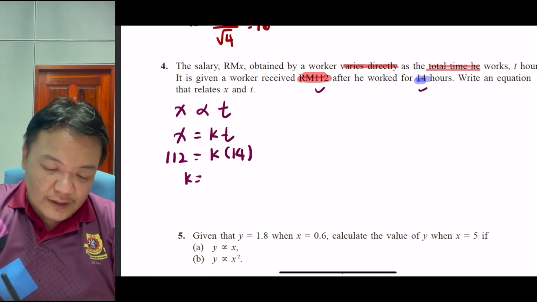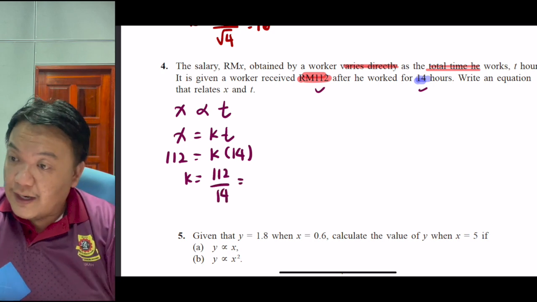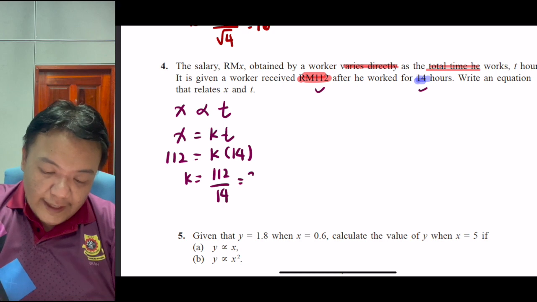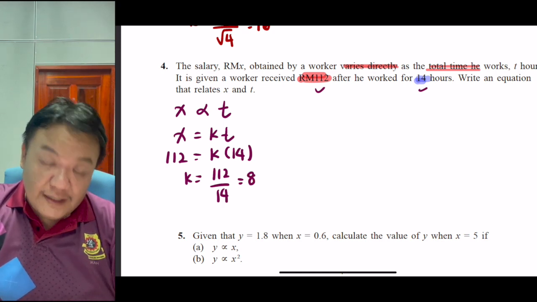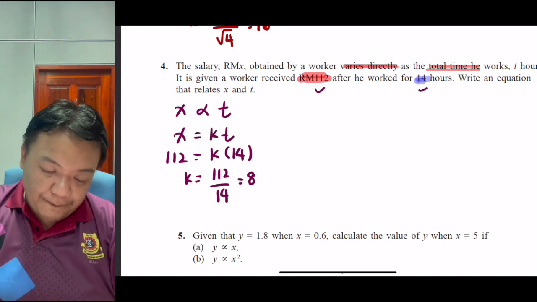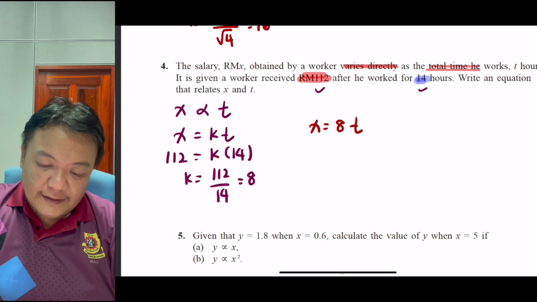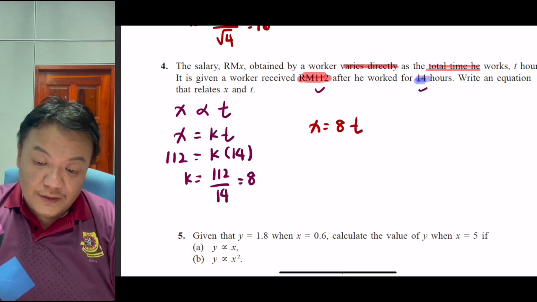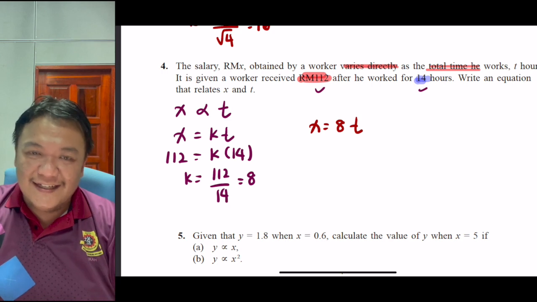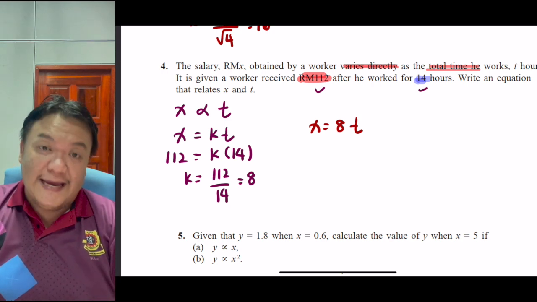So k is equals to 112 divided by 14. Press your calculator, so you will get 8. So substitute back the value of k. So x is equals to 8t. So that is your final answer. That's it, simple as ABC.